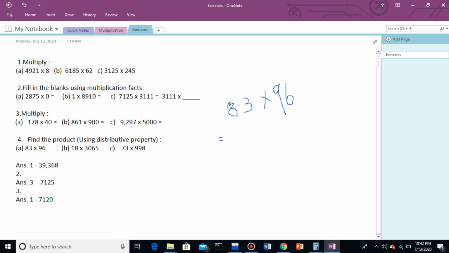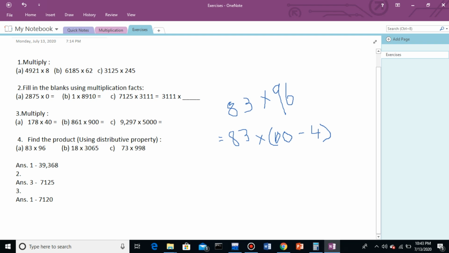The statement will become as follows: 83 into (100 minus 4). So we will multiply 83 by 100 and 83 by 4.